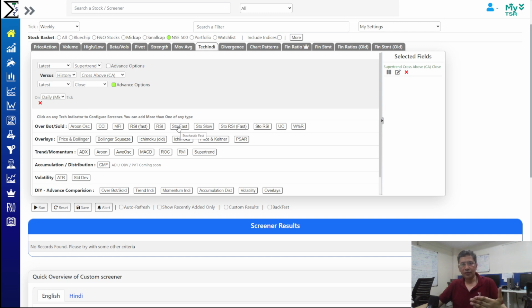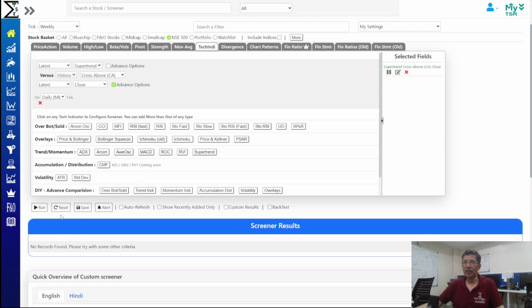So rather than waiting till end of the day or end of the week, you can go more aggressive: whenever that price is crossing above, so you work on weekly Supertrend. When price crosses is a good signal for you. So rather than waiting till end of the day or waiting till end of the week, you can say that latest price is crossing above Supertrend.